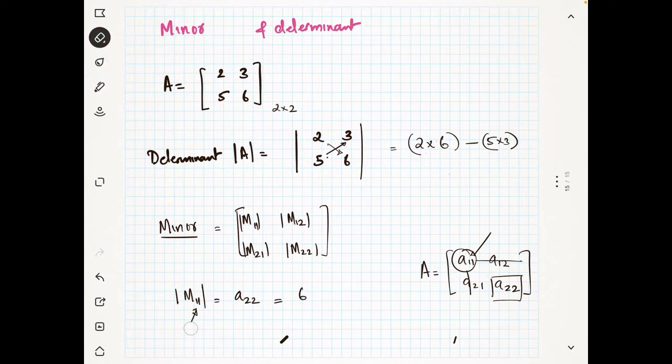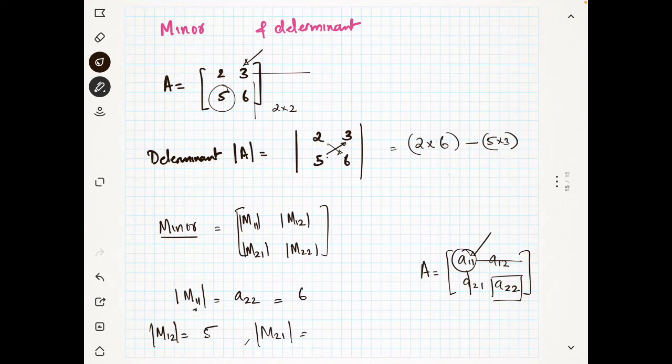Similarly, in the last class we discussed that we can represent the minor M12 as follows: the element is 3, so we can avoid this row and this column. The remaining element is 5.